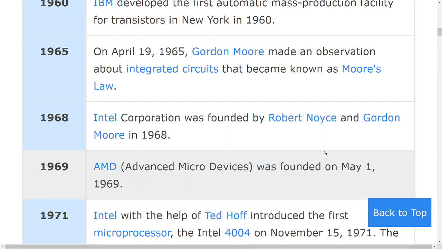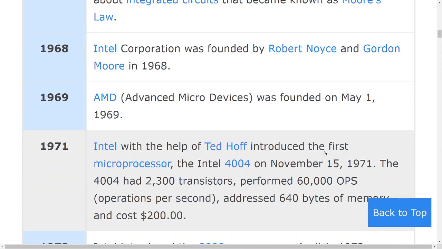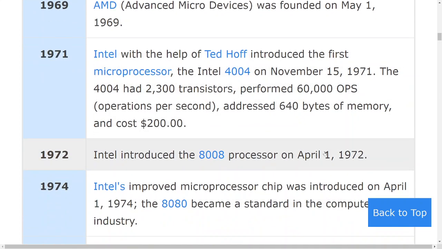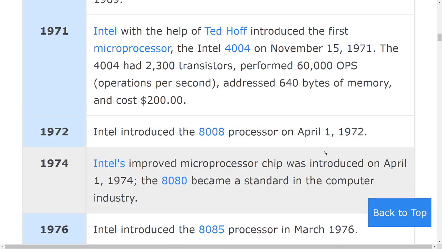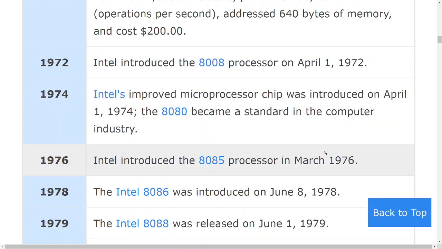AMD, or Advanced Micro Devices, was founded in 1969. In 1971, Ted Hoff first introduced the microprocessor, namely the Intel 4004. In 1972, Intel introduced the 8008. In 1974, Intel improved the same processor and the Intel 8080 became the industry standard.